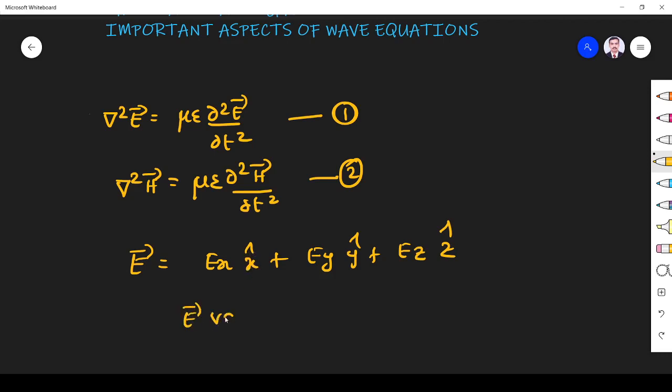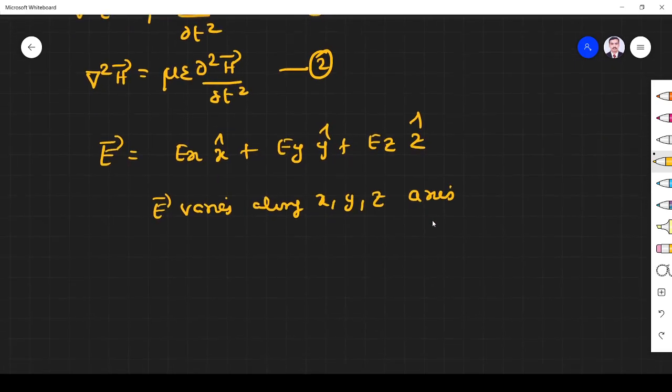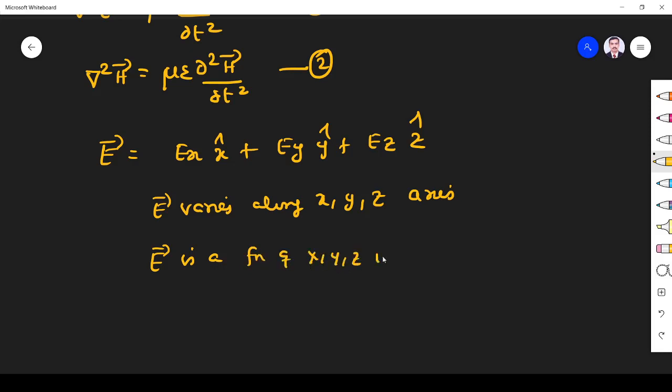So E varies along the x-axis, y-axis, and z-axis. So it is a function of three coordinates, x, y, z. So E is a function of x, y, z in Cartesian coordinates. Fine. So that is the first thing we have to know.